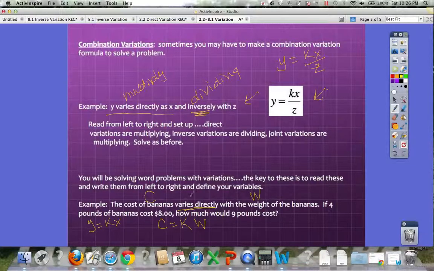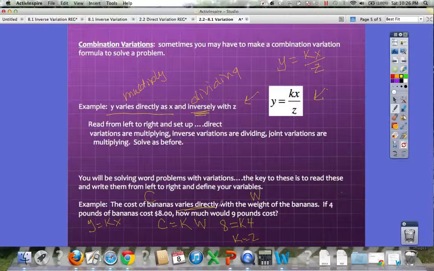Alright, so now it says if 4 pounds of bananas, 4 pounds is the weight, so 4K, and 4 pounds of bananas cost me $8. Alright, so I need to solve for K, so dividing by 4, K is going to be 2.